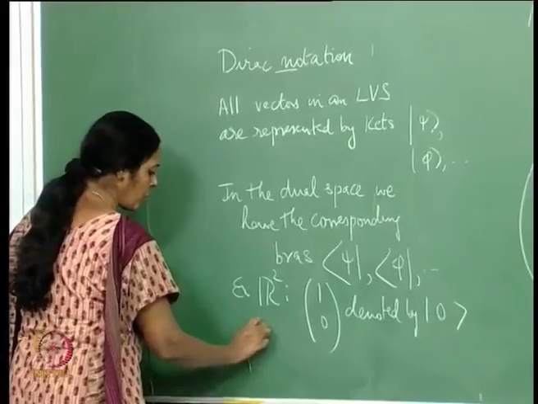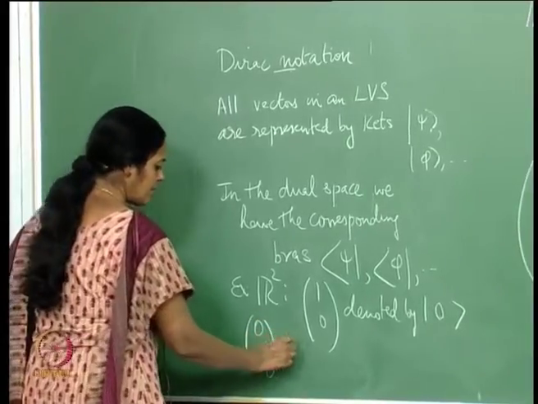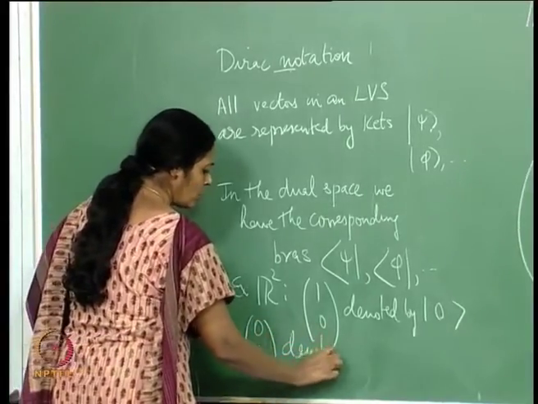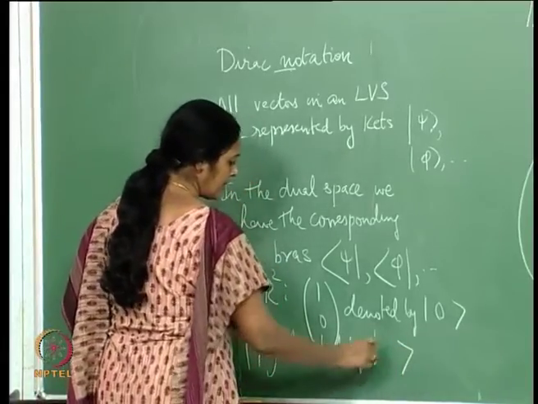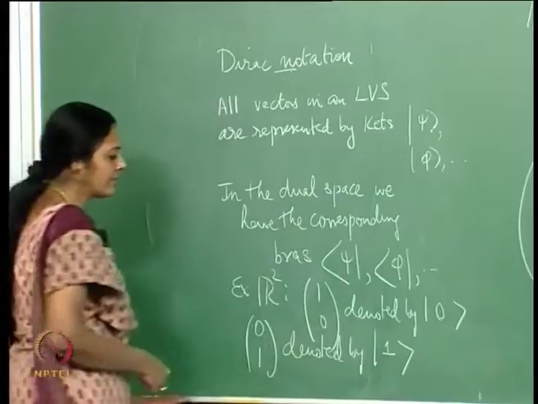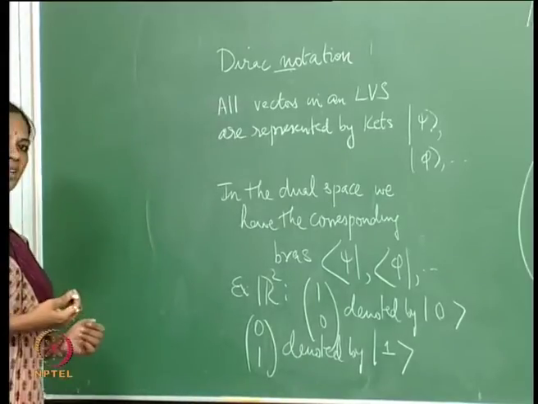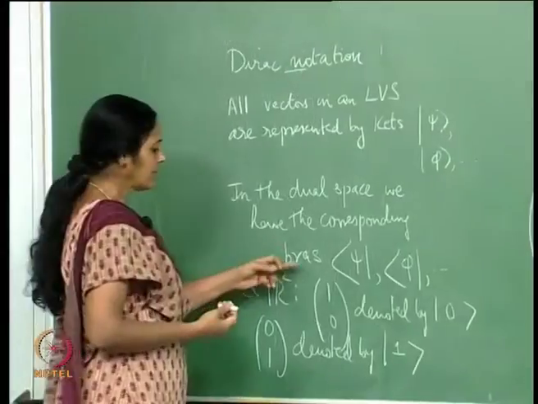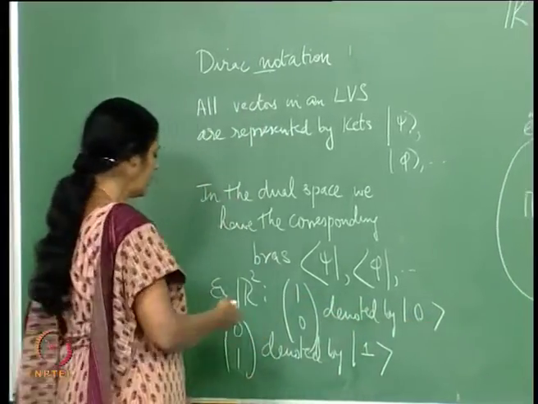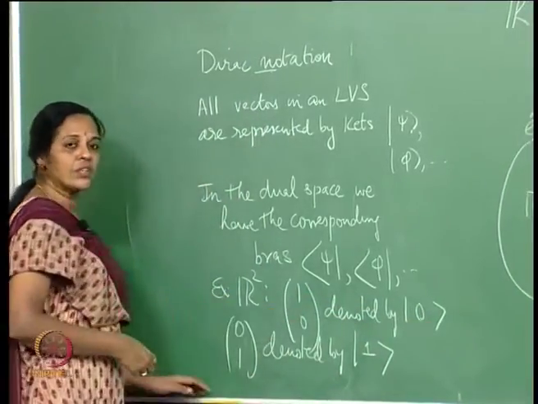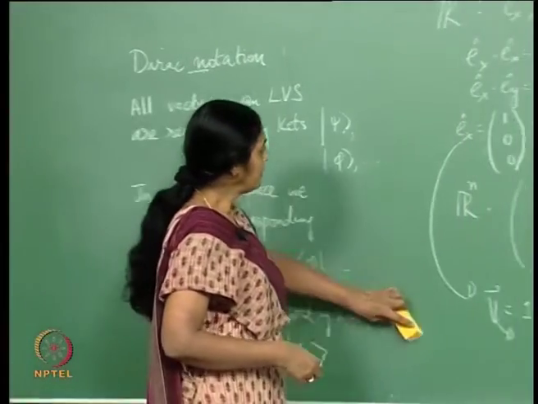Then I have 0 1, denoted by another ket. Let me call that ket 1. So, in the Dirac notation, the state 1 0 is denoted by ket 0 and the state 0 1 is denoted by ket 1.